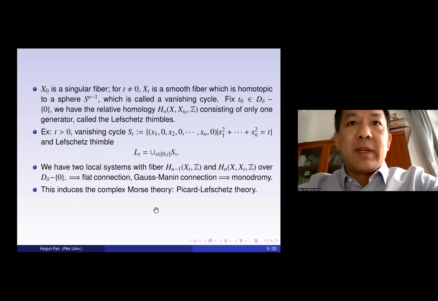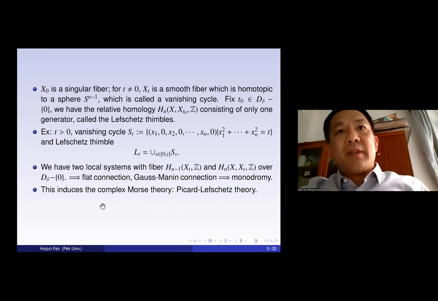This flat connection is called the Gauss-Manin connection with respect to this local system. And then we can study the parallel transport along the closed loop surrounding 0, and then we get the monodromy.